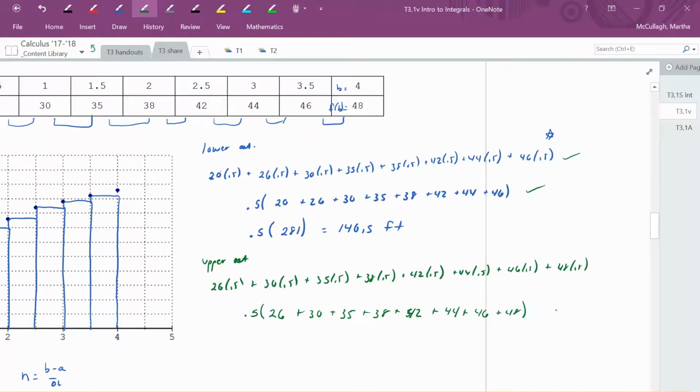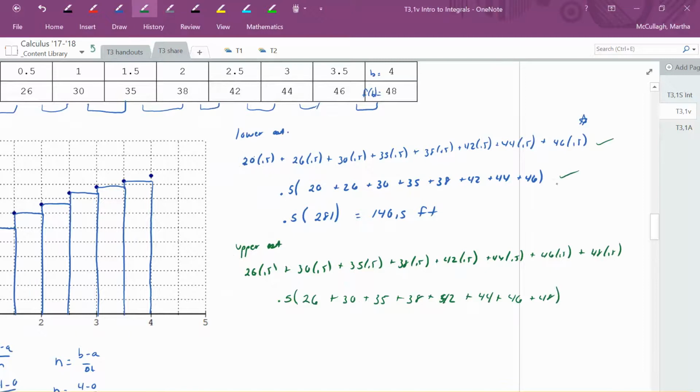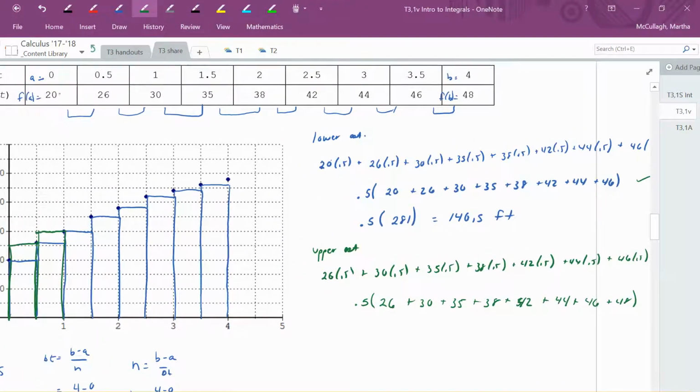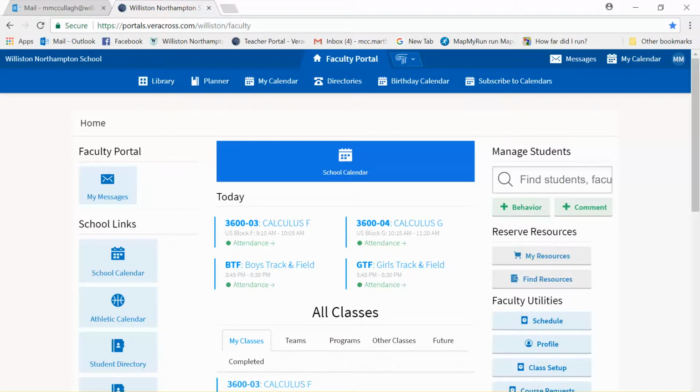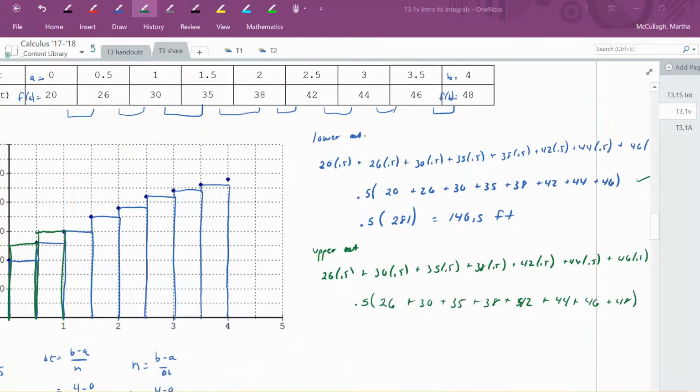And again, don't just get carried away listing all of the numbers. We want to consider the width of the first interval, the width of the second interval, and the height for that rectangle.